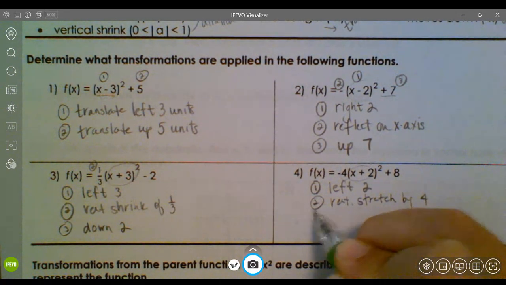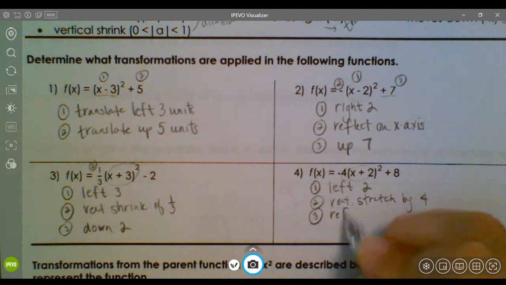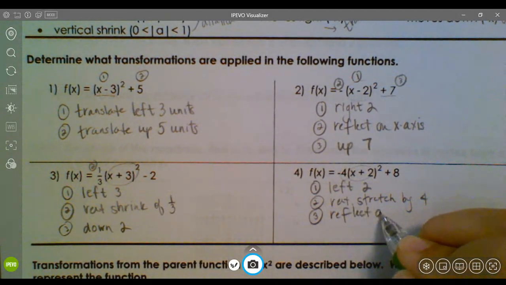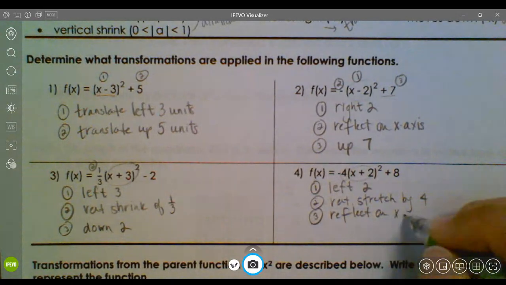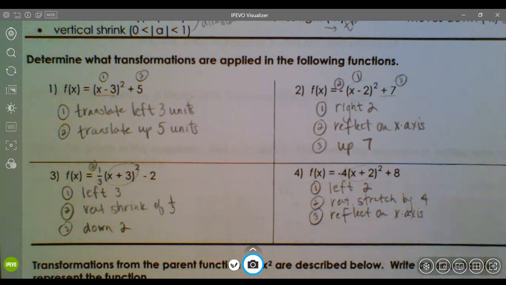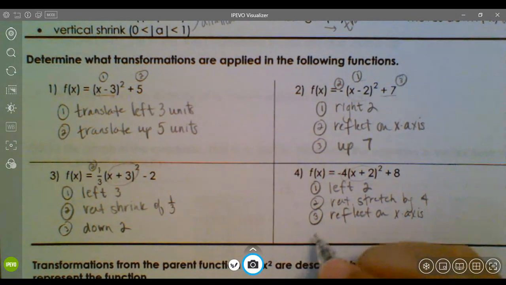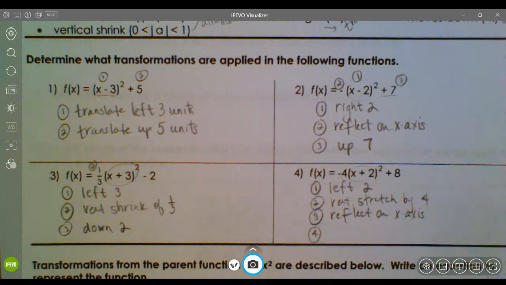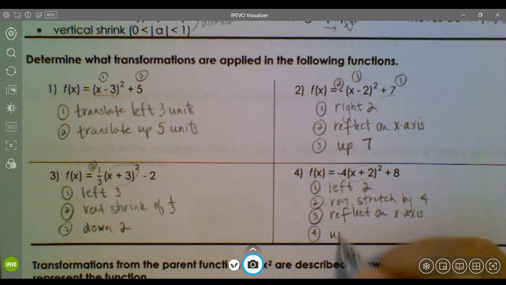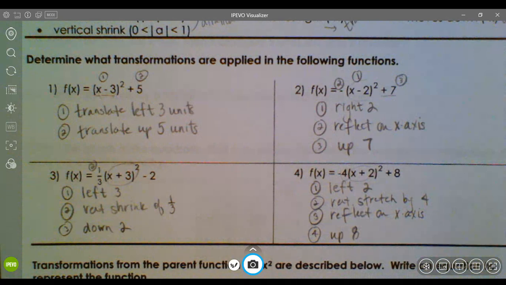But then there's a negative in front of it. So then we reflect on the x-axis. Now, could I do these in either order? Yeah, you could, because multiplication is commutative. Any order works. And then finally, we go up 8. Okay, so that's how transformations work.